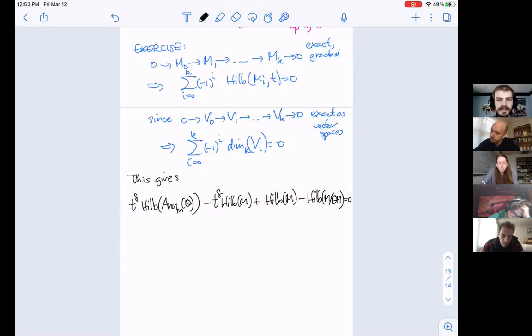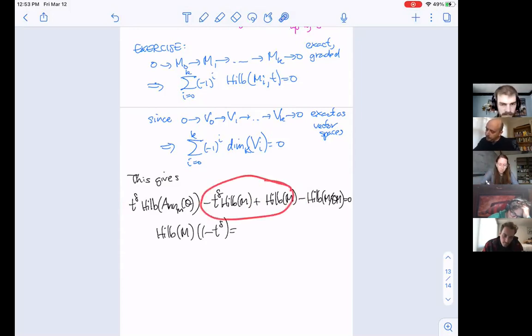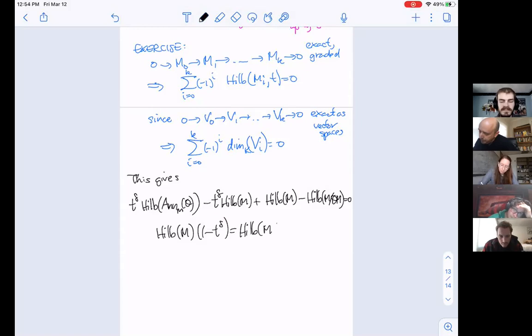And so, what does that give us? Let's put the Hilbs together, and we get Hilb M with a 1 minus T to the delta. That was combining these two terms, is equal to, the other ones on the other side are going to have this with a plus, this with a minus, Hilb of the quotient, minus T to the delta times the Hilb of the annihilator.